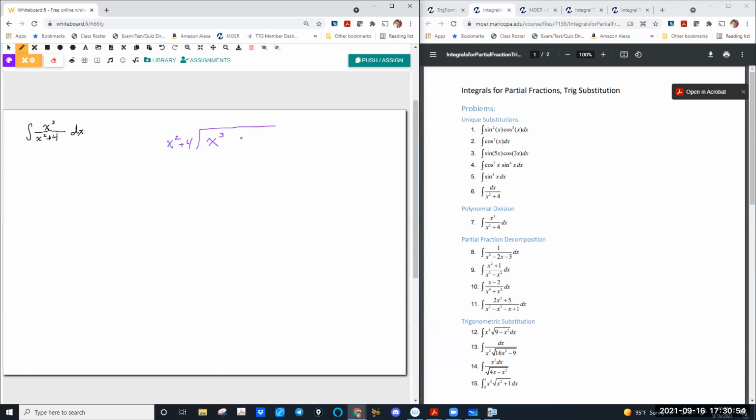And so basically what you do with polynomial division, you take whatever you need to multiply this term by to get this one to cancel out. So we need it to be x cubed. We're going to multiply by an x. So x, and then it gets multiplied by both terms. We get x cubed, and then x times 4 is 4x.